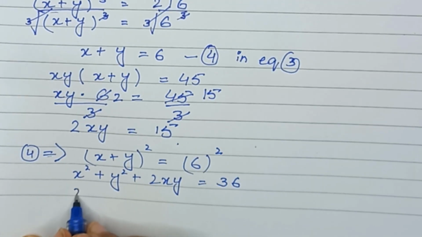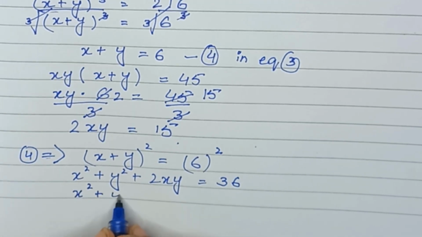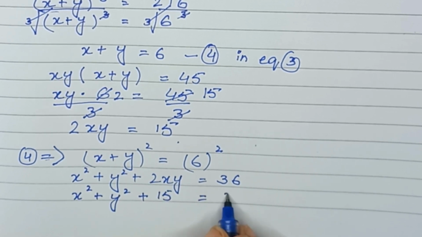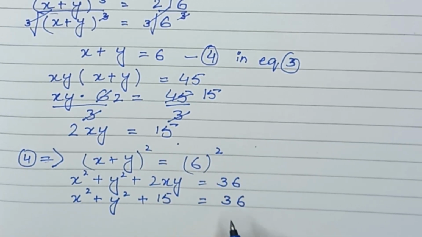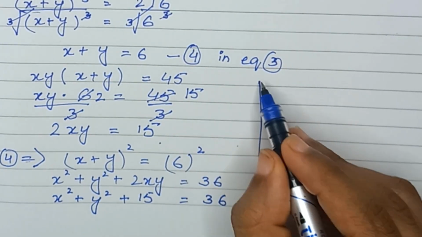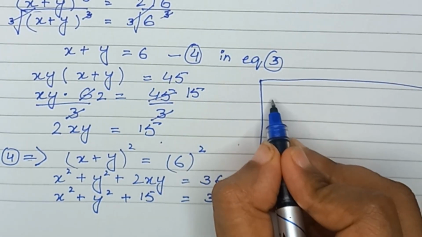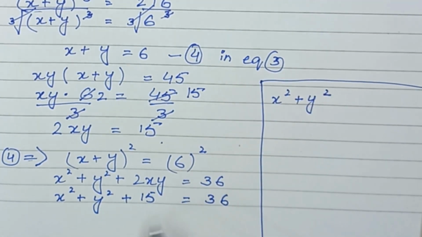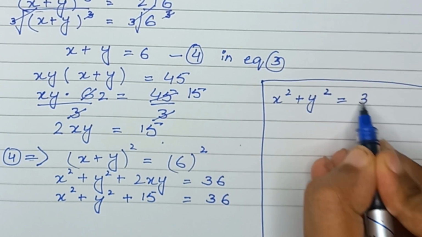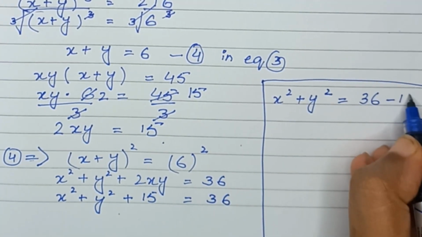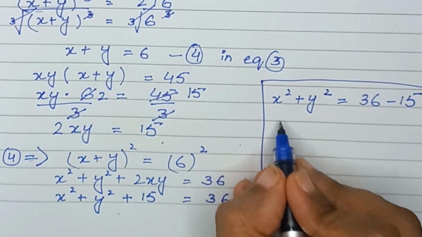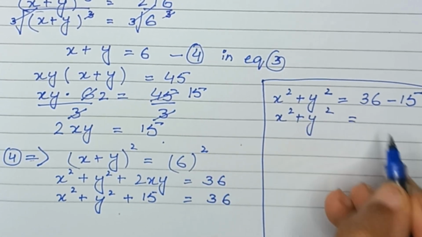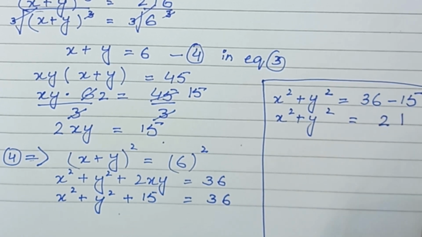So it will become x square plus y square plus 15 is equal to 36. So it will become x square plus y square is equal to 36 minus 15. So x square plus y square will be equal to 21.